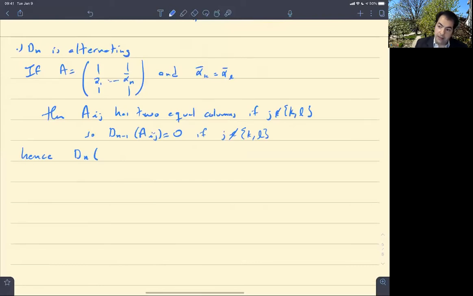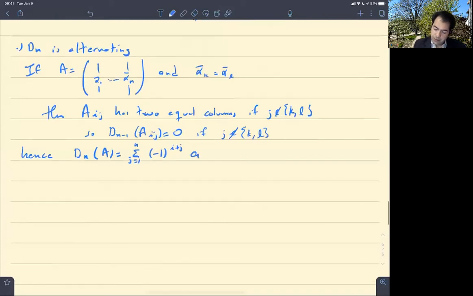Hence, capital D_n of A is equal to, by definition, the sum j goes from 1 to n of (-1)^(i+j), remember i is some fixed index, little a_ij, D_{n-1} of capital A_ij. Now, in this sum, everybody dies except when j is k or l.